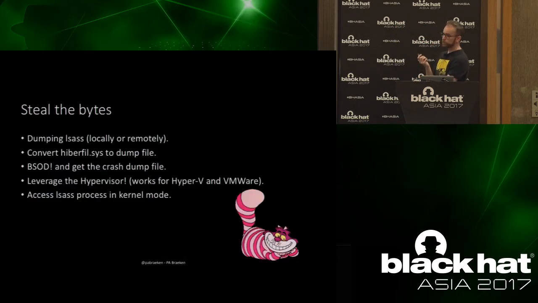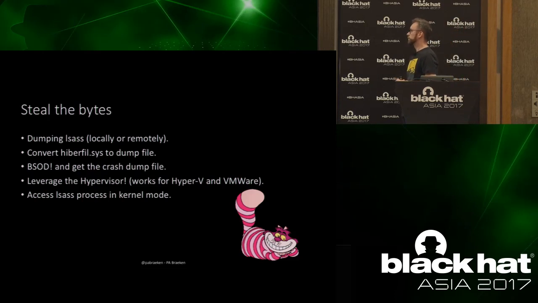So you want to get a password. Okay, so you have to steal very specific bytes. And you have different possibilities to do that. You can simply dump the LSASS process, and you can do it locally or remotely. You can convert a hiberfil.sys to a dump file, and then you give it to Volatility.